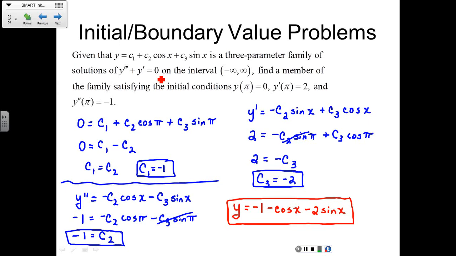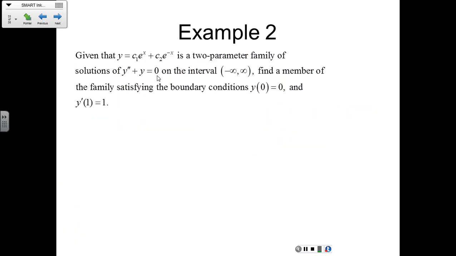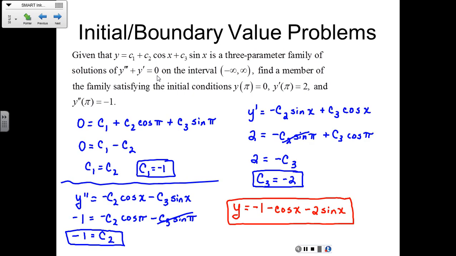Let's do a boundary value problem. Who remembers what I told y'all first or second class where I said what's the difference between an initial value problem and a boundary value problem? Do you remember that? Anybody remember that? There's an initial value problem. Look at all your points I gave you. Y of pi equals 0, y prime of pi equals 2, y double prime of pi equals negative 1.